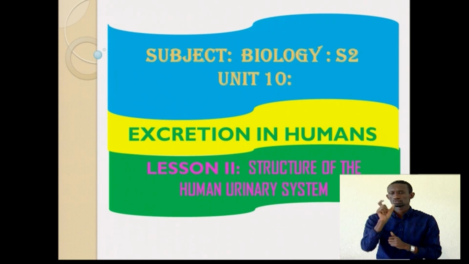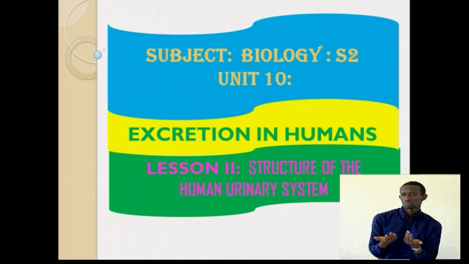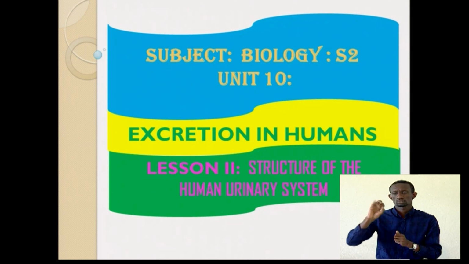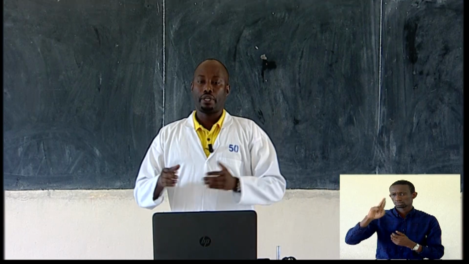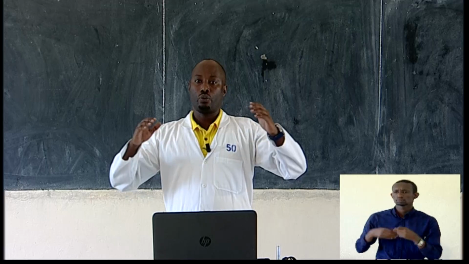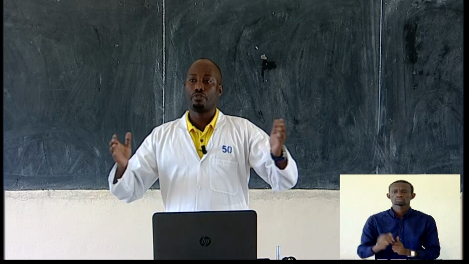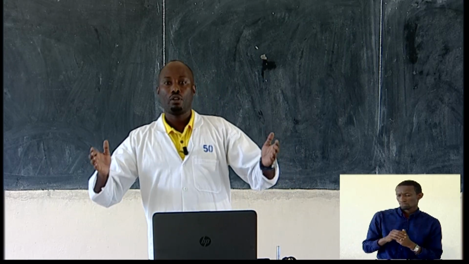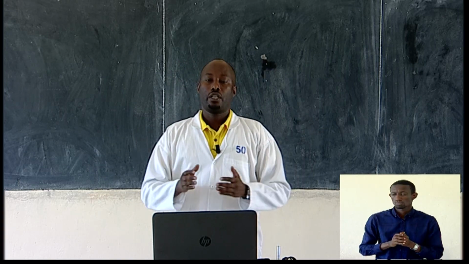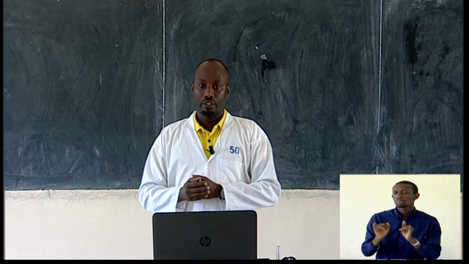So students, let's first remind ourselves about what excretion is. We said excretion is the process of removing waste metabolic products from an organism, because if these waste metabolic products are not removed from the body of living organisms, they can affect normal cell functioning.